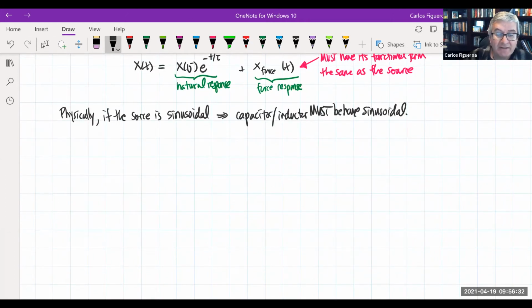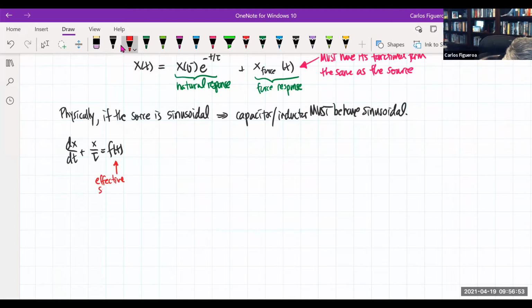So if I write this mathematically, if I look at my first order equation, which looks like this, this guy right here is my effective source. So that means the source lives in this guy.